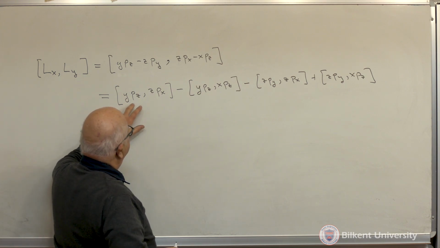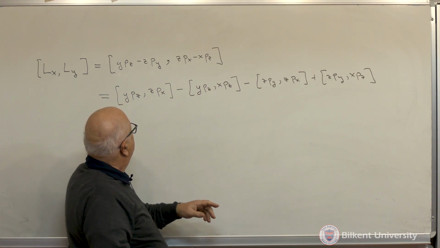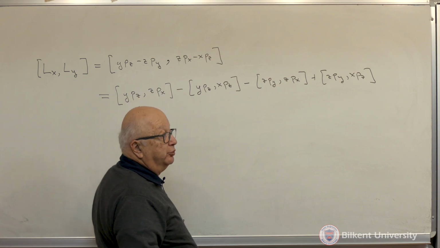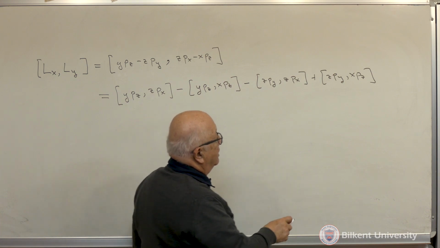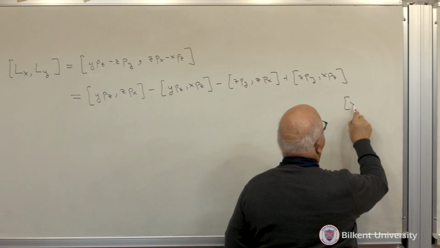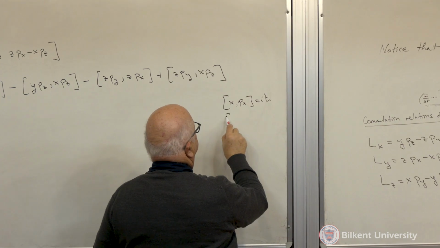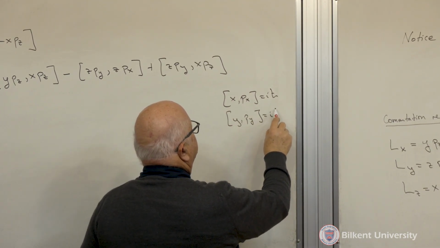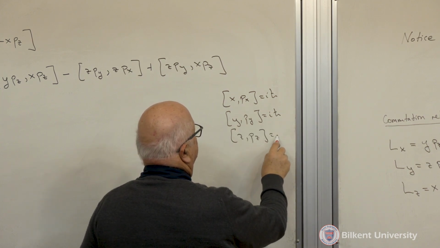Now, obviously, things like y and z are different directions. They commute with one another. Similarly, pz and px commute with one another. The only things that do not commute are things like x and px, which remember is i h bar, and the same with all of these. y with py is i h bar. z with pz is i h bar, right?